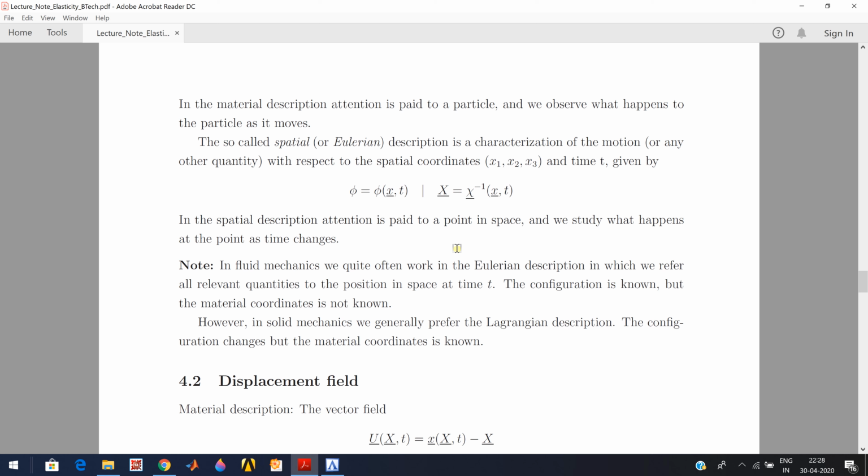This description will be termed the material description or Lagrangian description. So here your focus is on a single particle.